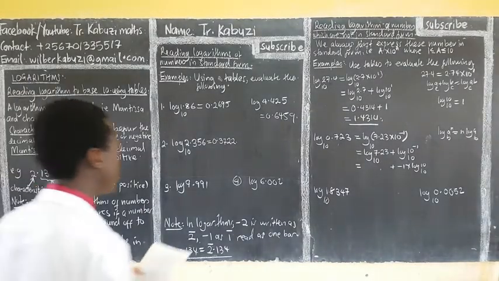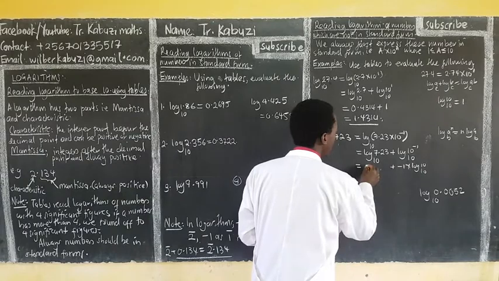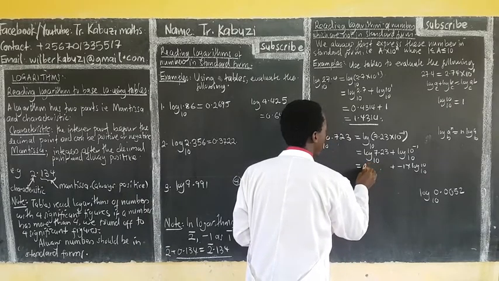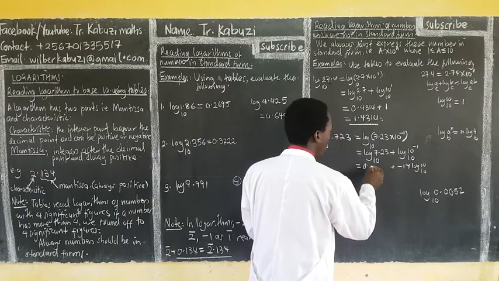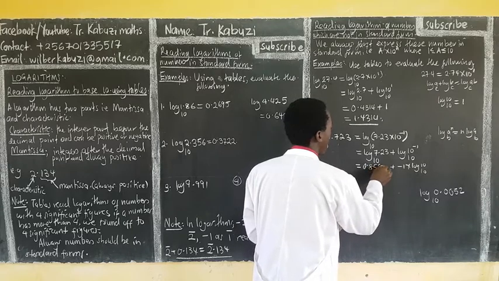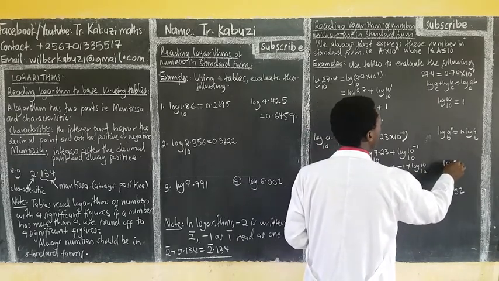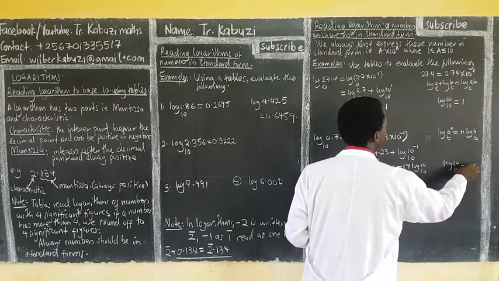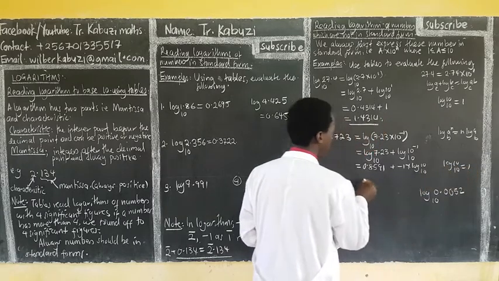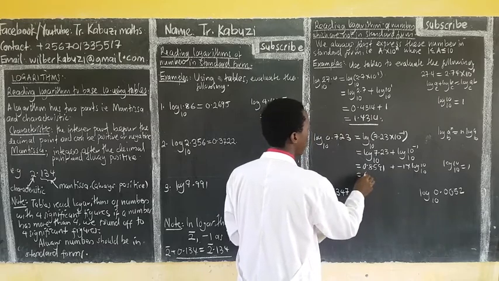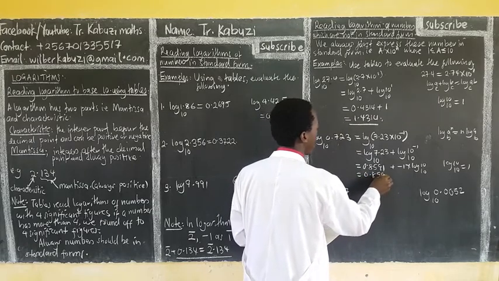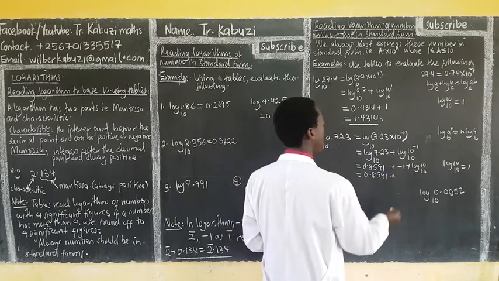So now this would be 0.8591. So this one we say log 10, base 10 is a 1. From here, so this will be now 0.8591, then plus a negative 1.